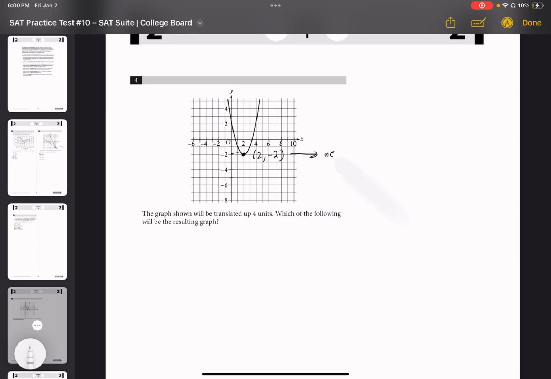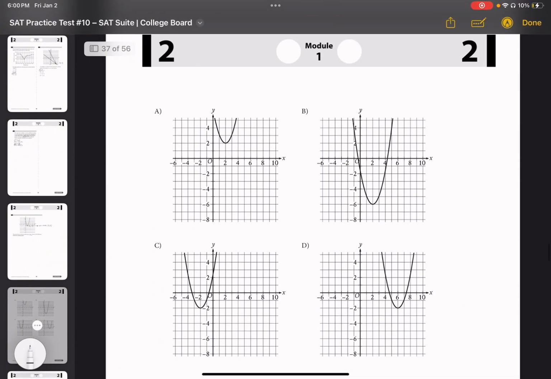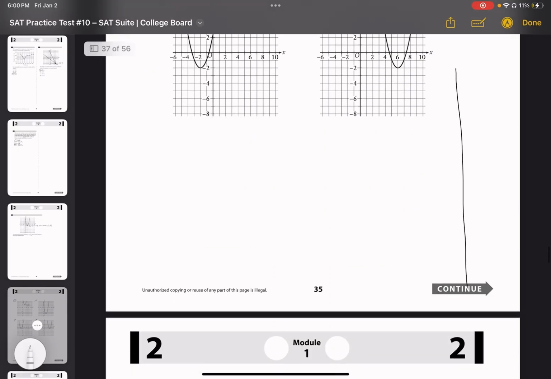So our new vertex will be 2, 2, since it's up 4 units. Now let's look at our answer choices. We're looking for a vertex with 2, 2, and that's answer choice A. You can go through all these, but they're all wrong because of their vertex.